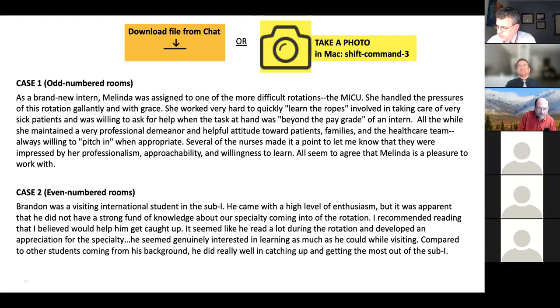Yeah, this is Christina from group 6. Our group talked a lot about the last sentence, as was echoed by others. Not only that, this is an international visiting student, but things like, the student came in with a high level of enthusiasm, but didn't have a strong foundation of knowledge or appreciation for the specialty. What does that really mean?